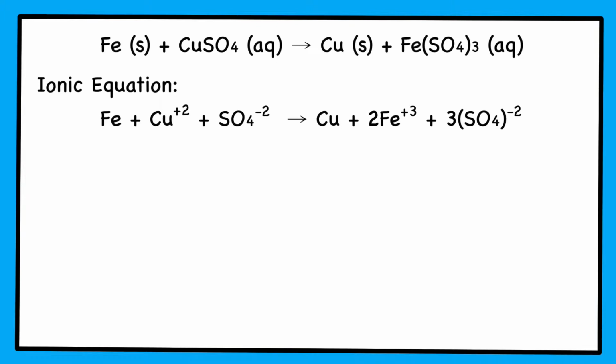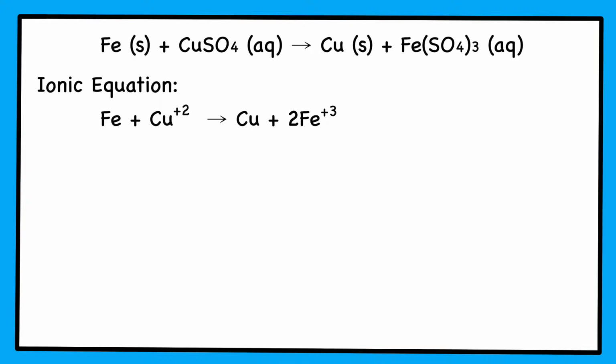We see that SO4 does not gain or lose electrons and has a negative 2 charge on both the reactant and product sides, so this means it is a spectator ion. This leaves us with our unbalanced net ionic equation of Fe plus Cu2+ yields Cu plus Fe3+.